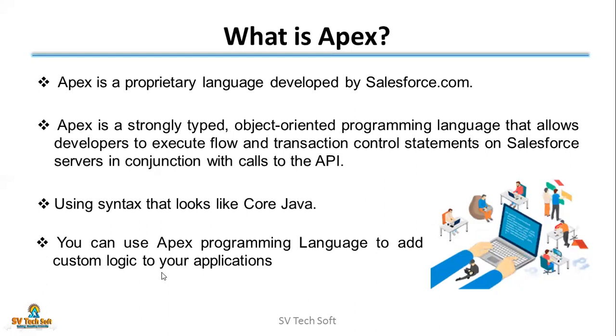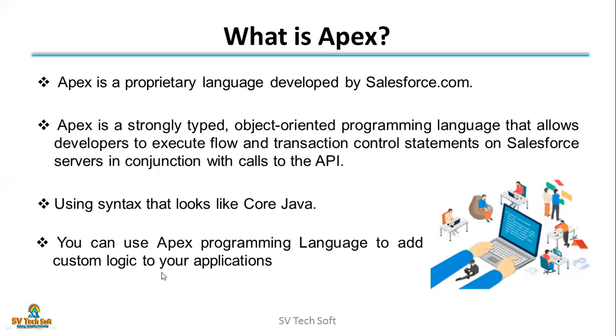Apex syntax looks completely like core Java. It's not that complex, I'm telling you. Salesforce Apex is very, very easy, but you have to learn in the right direction, on the right path. Then only it will be easy. Everyone is scared of coding because they lack knowledge.